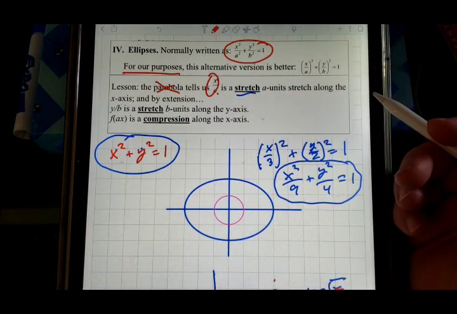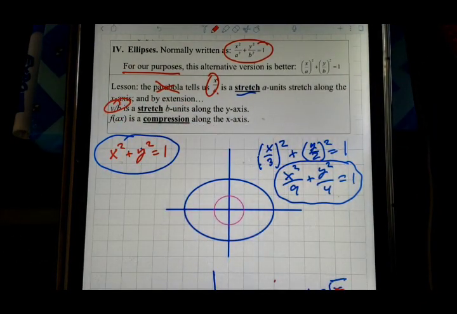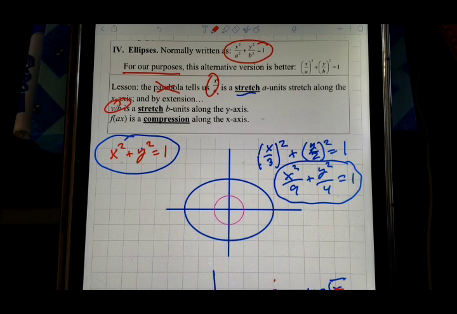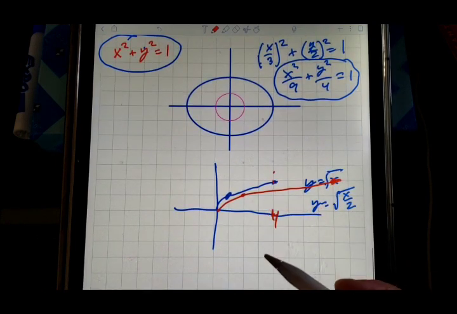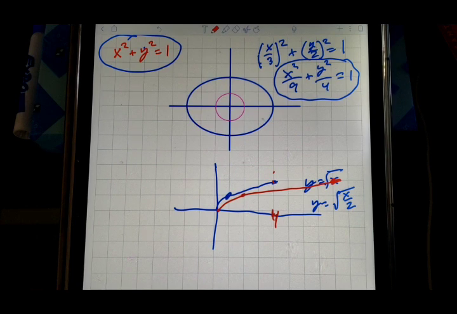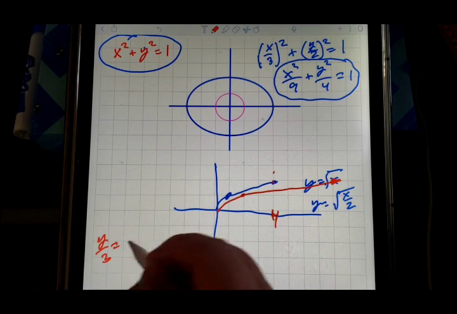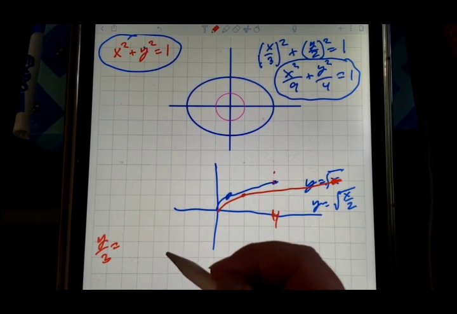Now, a stretch along the y-axis is usually hidden even more in most functions, because in a function, you're just never going to be handed y over a number. So I said y over 3 equals what function?